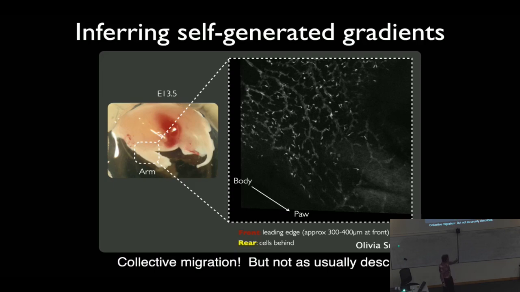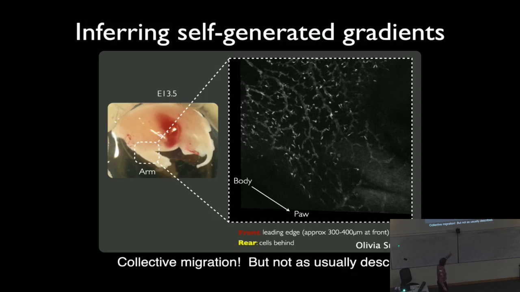Doesn't matter whether you're a mouse or a bird or you, it works pretty much the same way. And people have really struggled to understand how that's possible. And as I've said, the distance the cells have to migrate when they're going from the neural crest round the body and down the developing arm is greater than 0.5 millimeter. So it can't just be to a gradient.